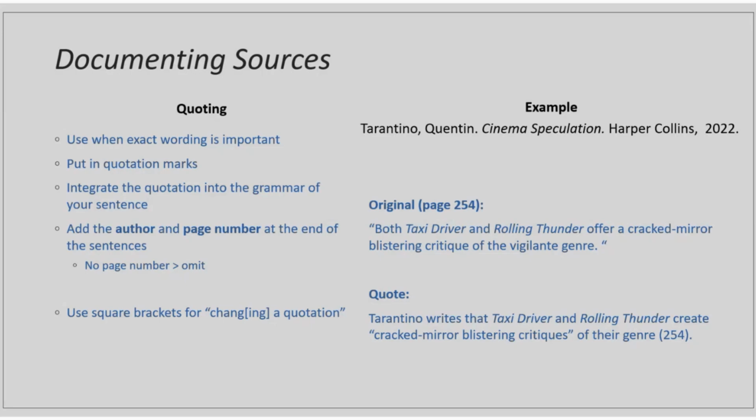Tarantino's name is in the sentence, and then part of the idea is given in the writer's words, followed by Tarantino's quote, and then the page number at the end. Another thing I'll mention here is just not to let a quote stand alone. After this, it would be important to explain its significance.